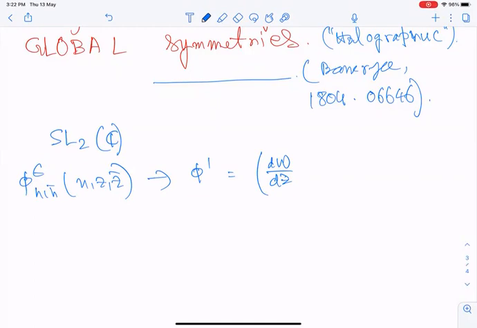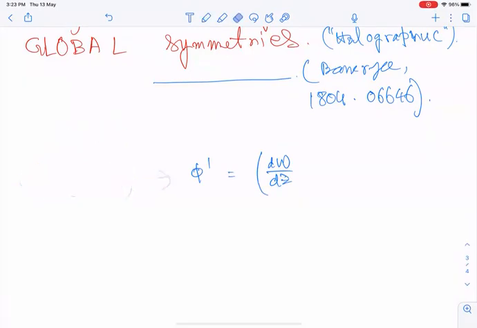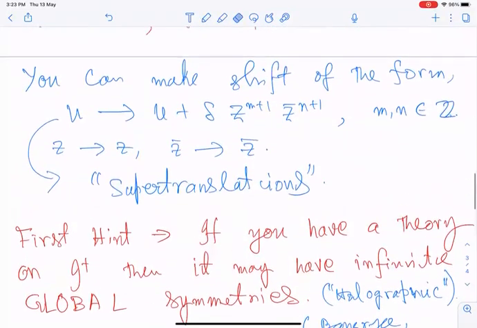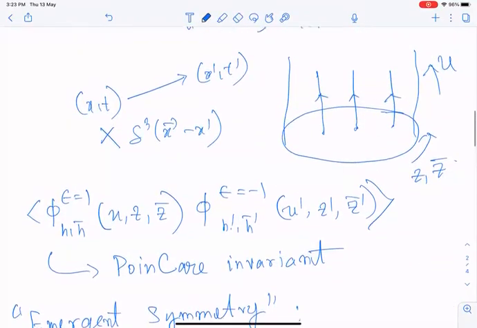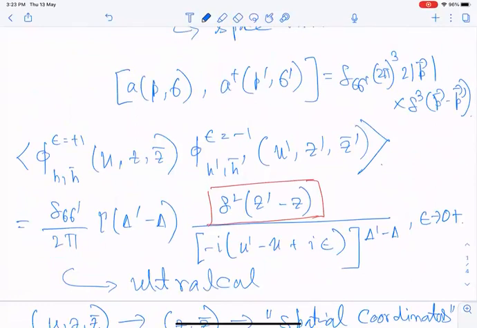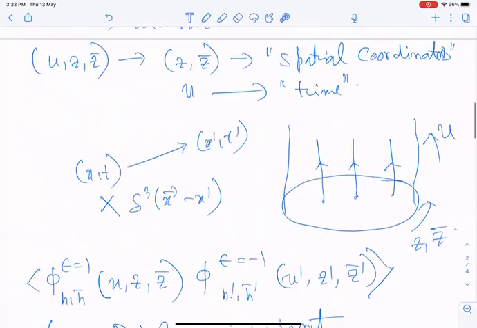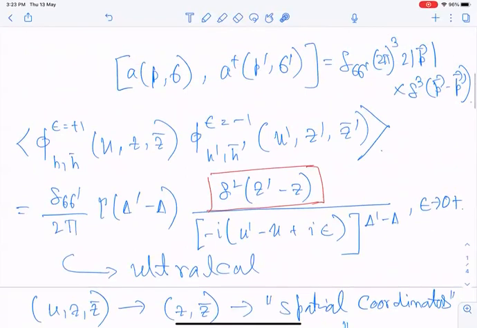Okay. So the reason I said that this is kind of an emergent symmetry is that we did not start with this. We constructed this 2-point function, and then we found that since this 2-point function is ultra local, you don't really move in the direction of Z, Z bar; you just move in the U direction.